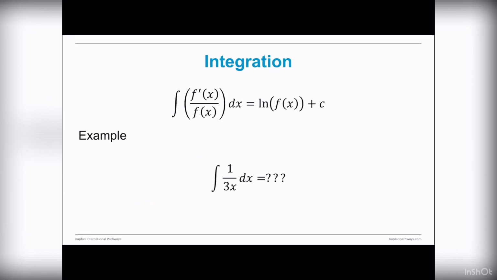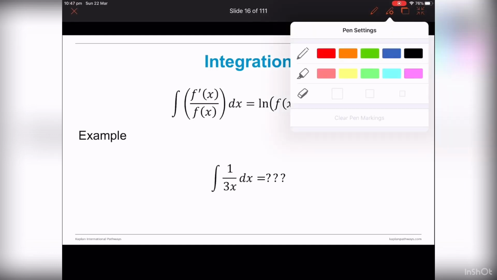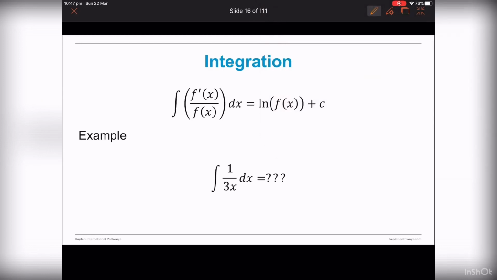Okay, another example here, we have the integration of 1 over 3x dx. So that's basically the integration with f of x down here, which is 3x. What's the derivative of 3x? The derivative of 3x is 3. Do we have 3 at the top, at the numerator here?